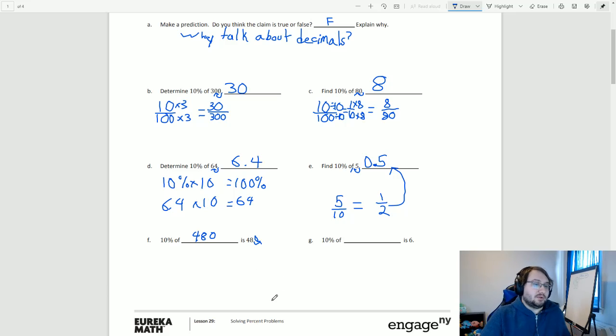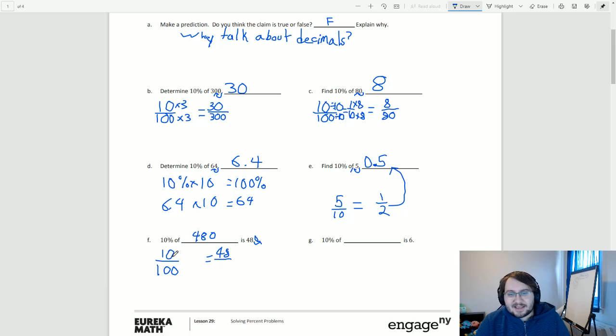Well, let's kind of test it. I'm going to do one test like this, and then I'm going to do, for G, I'm going to do it like this. Well, I'm going to have 10 over 100. And that needs to be equal to, well, 48 over something.